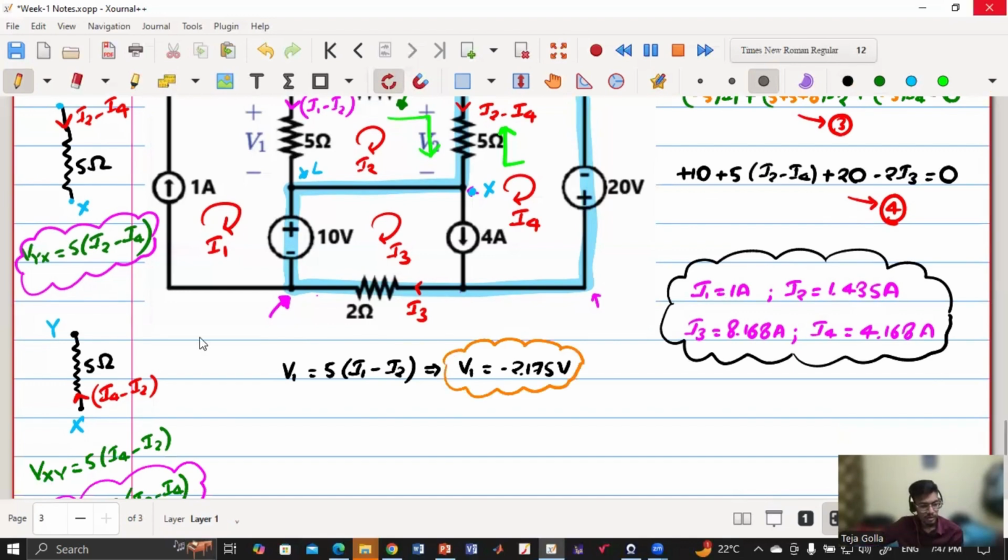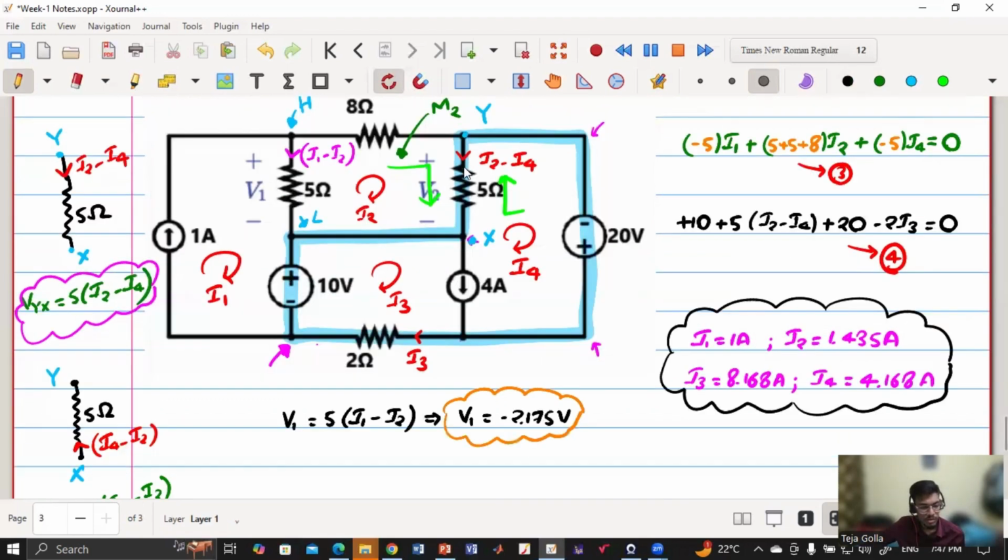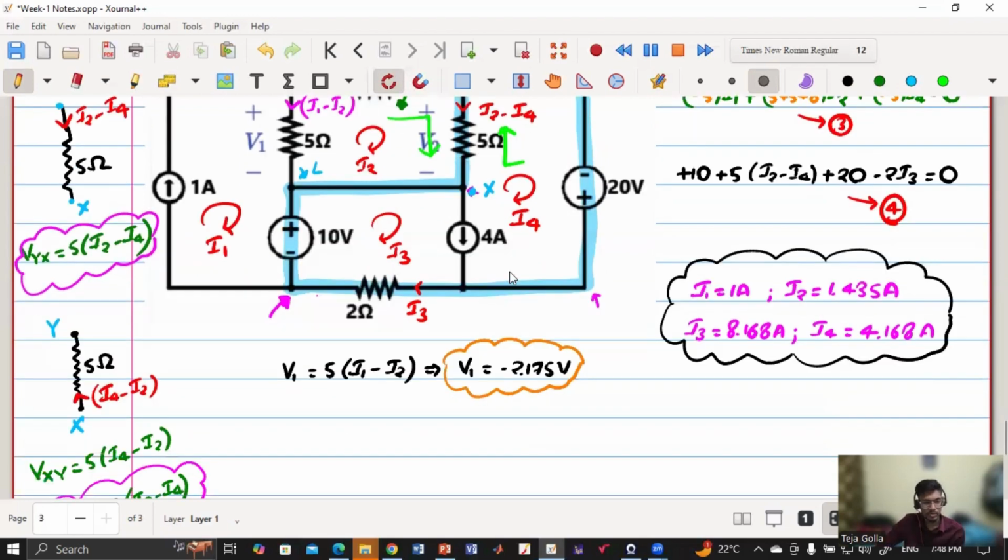So V1 we got. Similarly, what is V2 now in this polarity, which is V by X? Anyone? Value of V2? 5 into I2 minus I4, right?